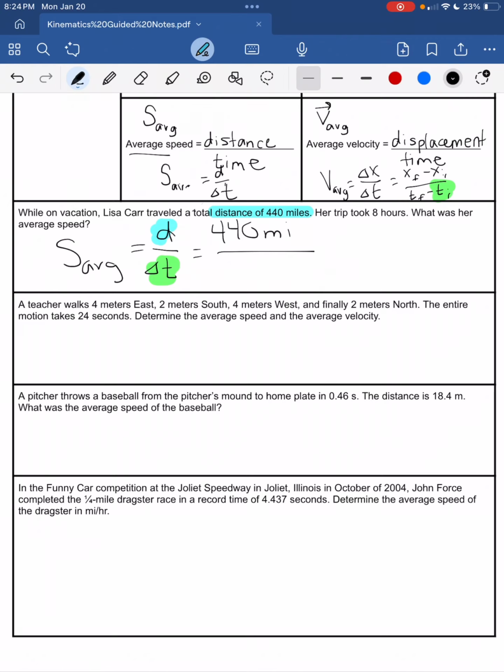The initial time when she started her trip is going to be 0. And that final time when she got there, it is 8 hours later, right? She said it took 8 hours. So 8 hours minus 0 hours. So we're going to do 440 miles divided by 8 hours.